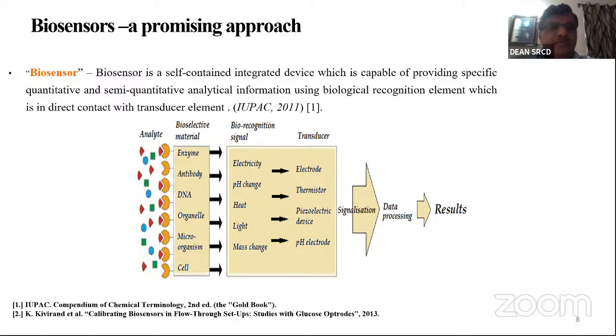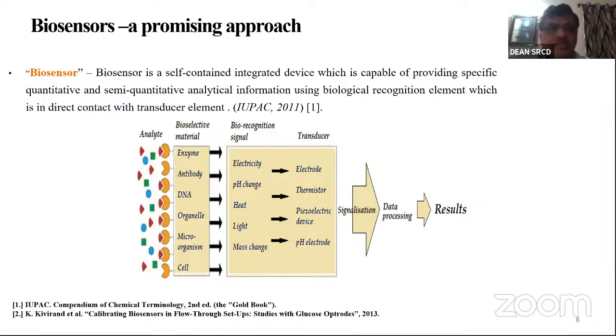So ideally a biosensor as a device constitutes a biological recognition element, as you see on the left side, and the analyte, which could be a chemical substance, a gas, a liquid, or another biological sample, could be a urine sample or could be food and so on. And you have various biological recognition elements primarily coupled on your transducer.